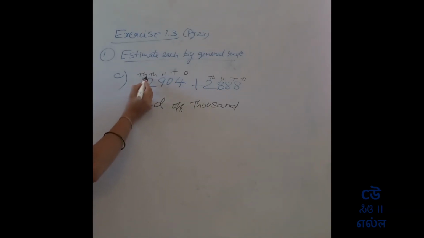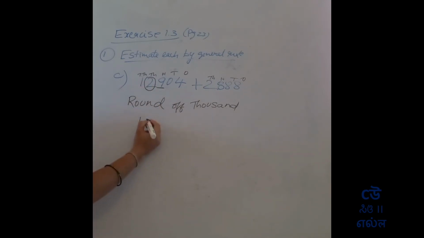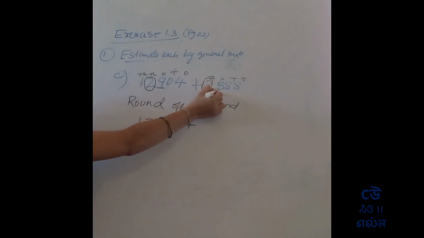Considering the thousands place value, the right hand side of thousands place is 9. 9 is greater than 5. So we have to increase one number in thousands place, that is 2 will become 3. Next all will be 0. Next, considering the thousands place, next value is 8. 8 is greater than 5.